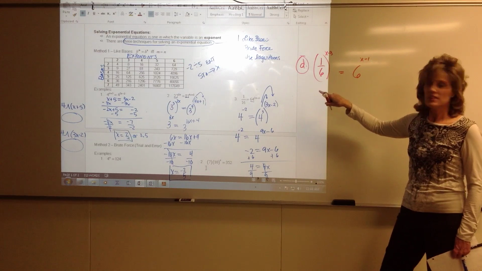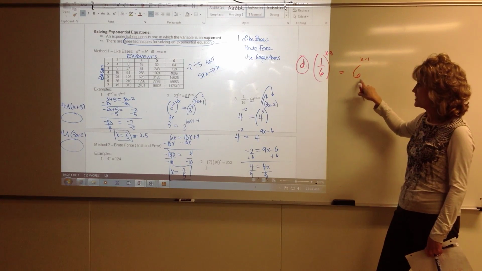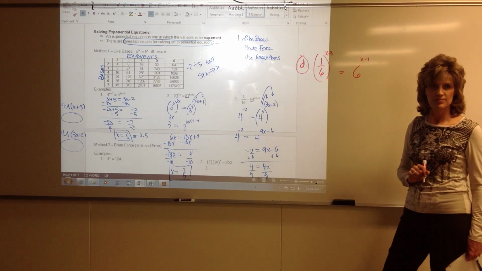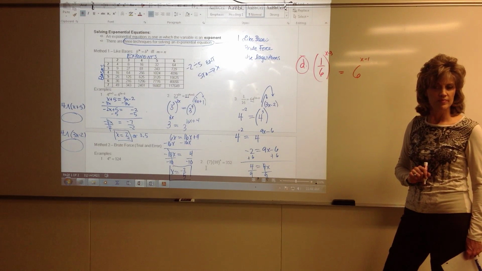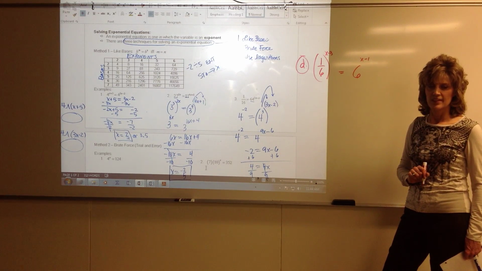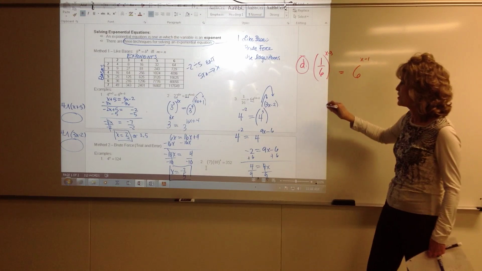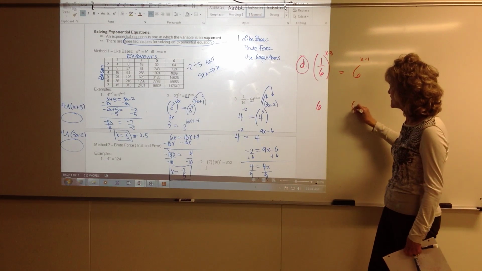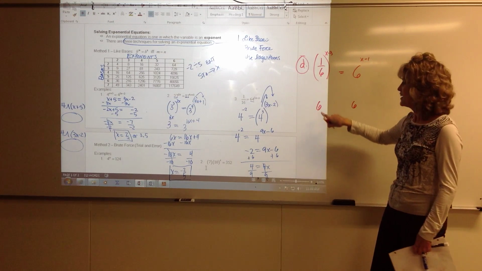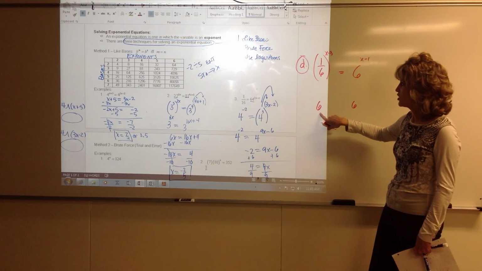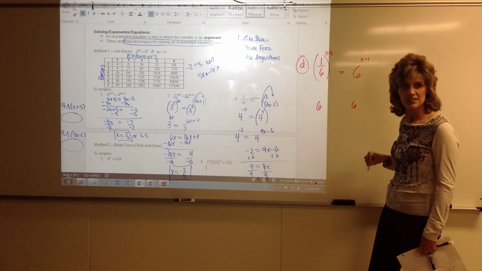So on this one, what like base would you have for 1/6 and 6? How about just 6? If I'm going to write both of these using 6 as a base, what power do you have to raise 6 to in order to make it turn into 1/6?